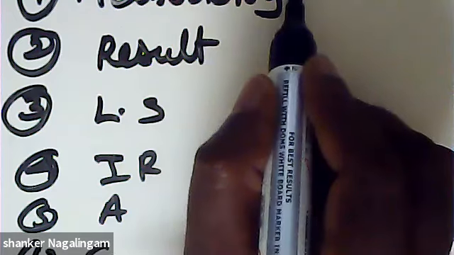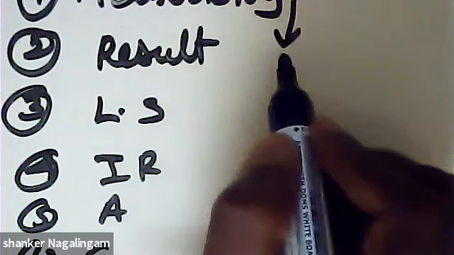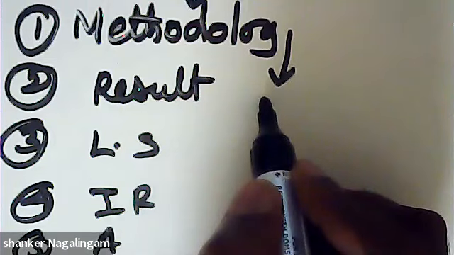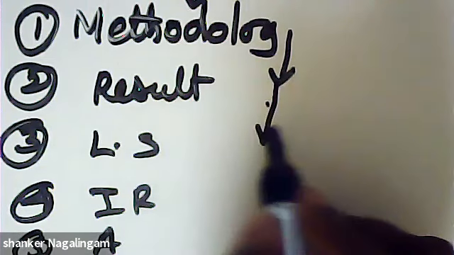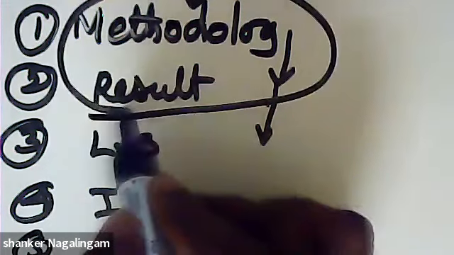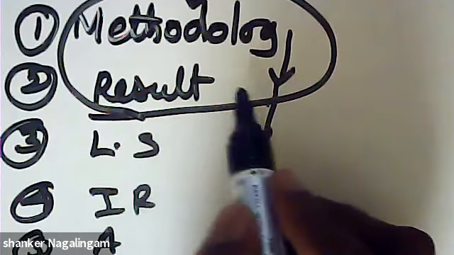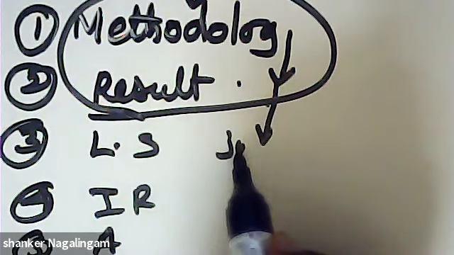Why? Because when you understand the methodology, the results will also talk only about the methodology. When you write your literature survey based upon those discussions, where you have done the work, that paper has to be justified. Why I have taken this should be justified in the literature. That is the reason you write your literature survey after methodology and results. In the methodology, you would have given much importance to the sensor development.